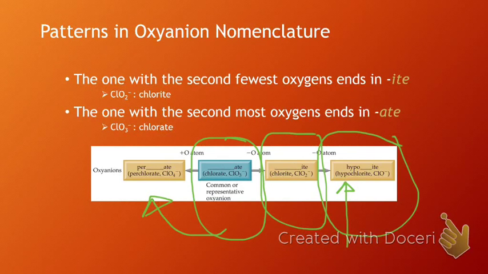So that becomes perchlorate. ClO4 minus is perchlorate, ClO3 minus is chlorate, ClO2 minus would be chlorite, and ClO minus would be hypochlorite.